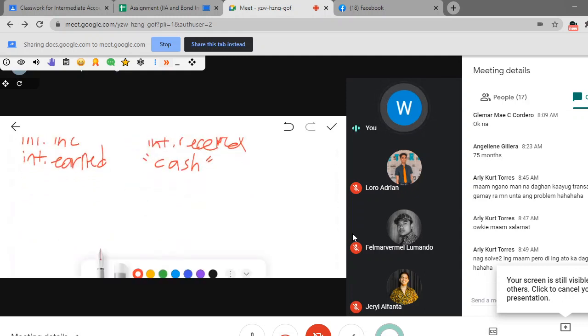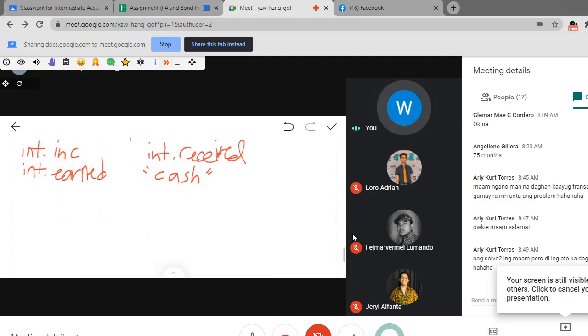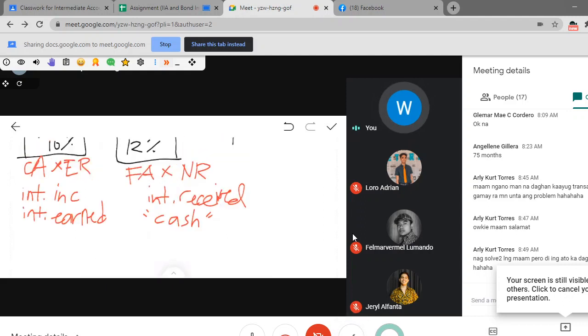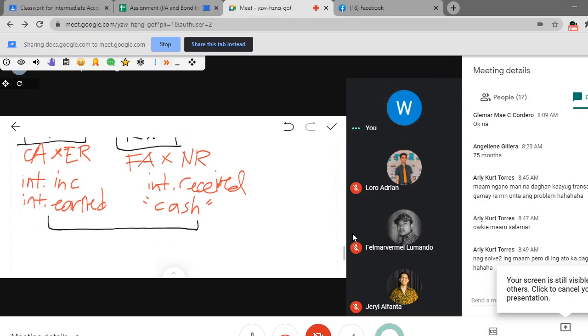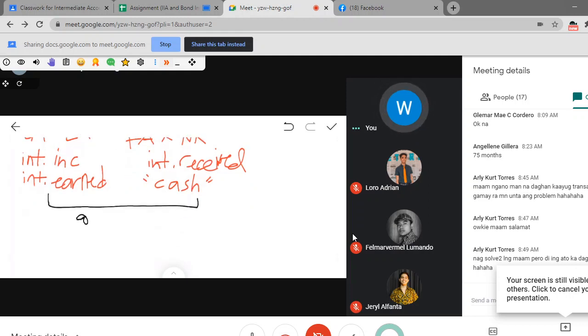So, going back here, we have the interest income earned, the interest received, or the cash. Now, I said that they are not equal at all times. Because the difference, if we are going to compare this, will be what we call discount or bond amortization.